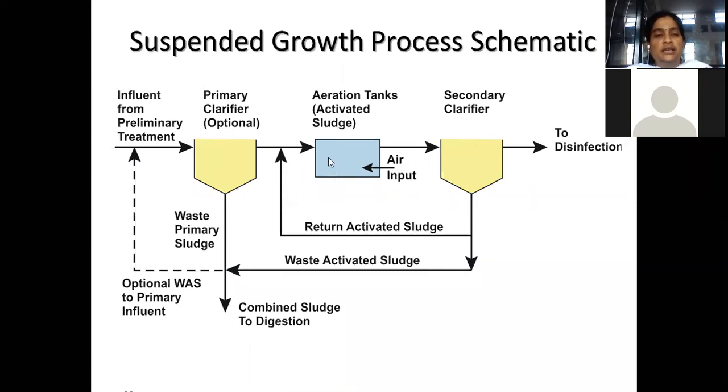Because of that, the rate of degradation of organic impurity increases. So because we are recirculating part of the active sludge material before the aeration tank, we call this an activated sludge process, or simply ASP, and it is a suspended growth process.